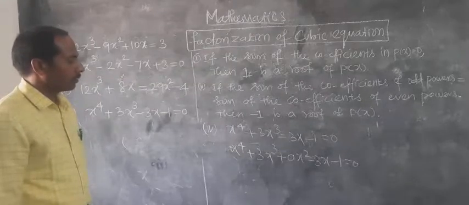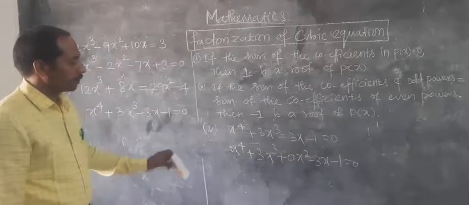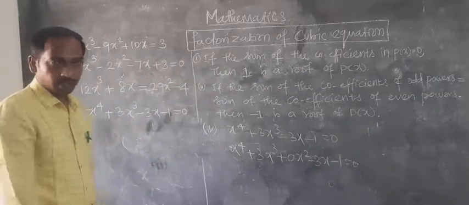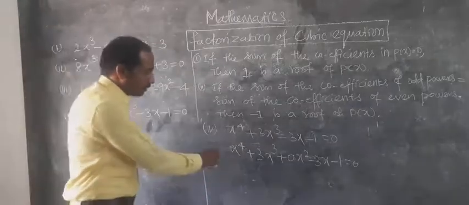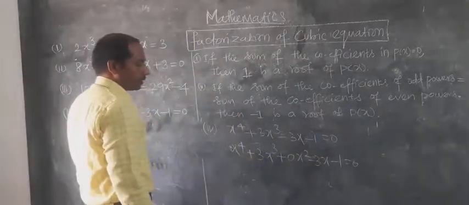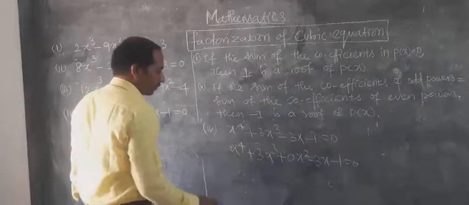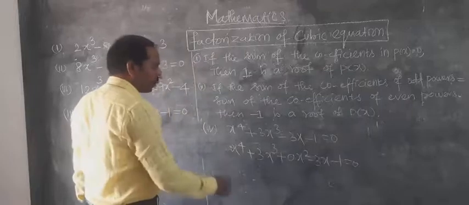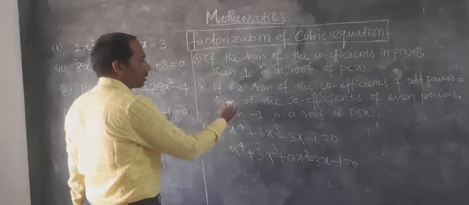Now I want to verify whether 1 is a root or not. If the sum of the coefficients is equal to 0, then 1 is a root. Then we have to write the cubic; one more time you check the two conditions.